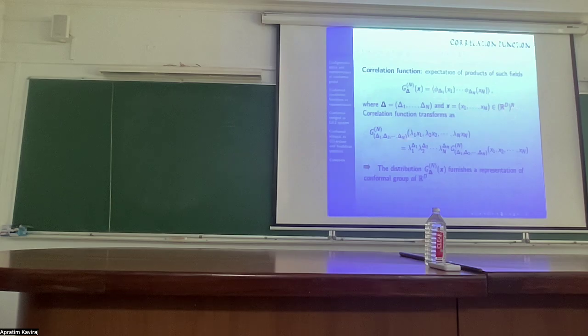Under a scaling of the coordinates, this is what happens: the correlation function scales with the scaling dimensions of the fields. And this tells me that, now we make a jump, this distribution, which is a correlation function, furnishes a representation of the conformal group on R^d.